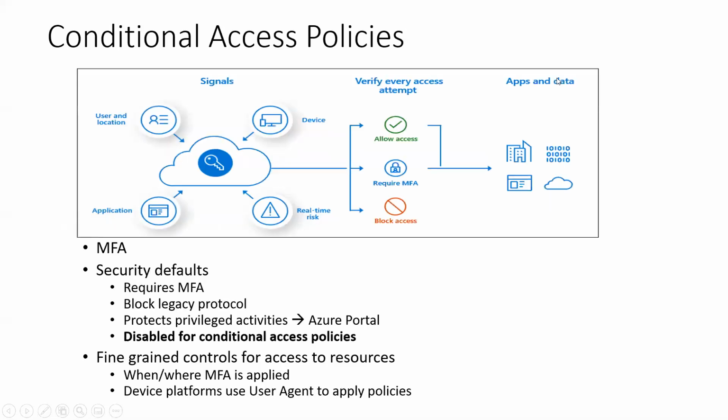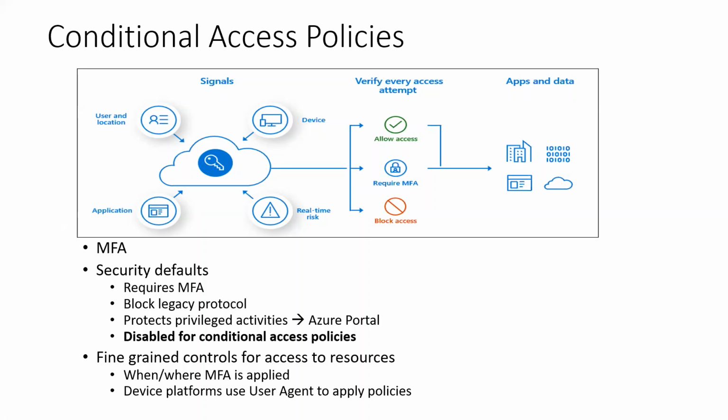All right, so we touched on this briefly: conditional access policies. This is sort of how you define certain access attempts and what happens if an access attempt is made. As we said, you can force MFA for certain scenarios that are important.